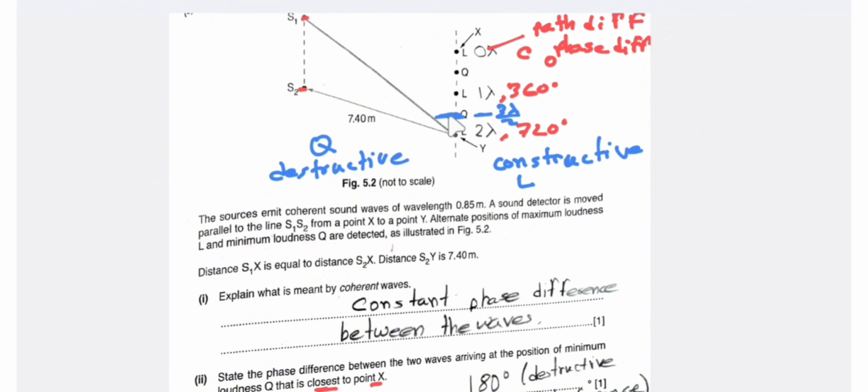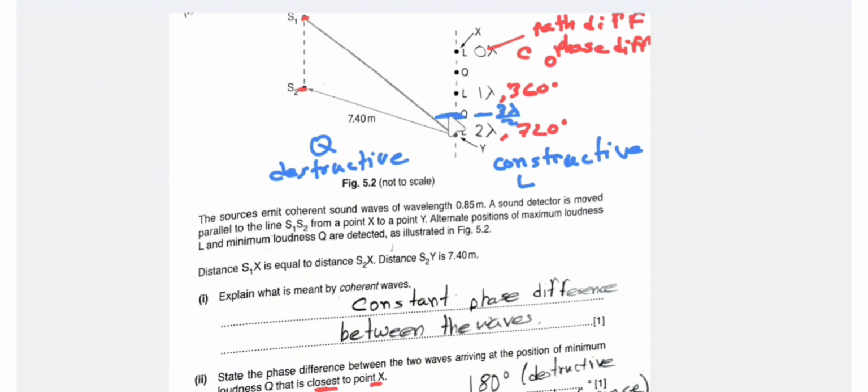From the right angle triangles, this length is equal to this length. That means if this is 7.40, then this would be 7.40. And we know that S2x is equal to S1x. So S1x must also be 7.40.